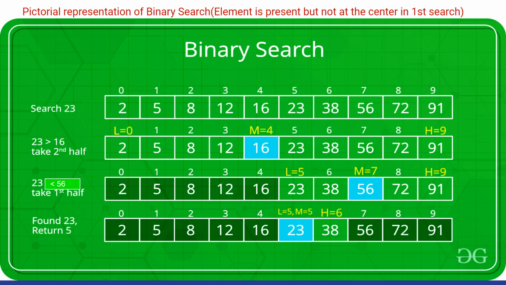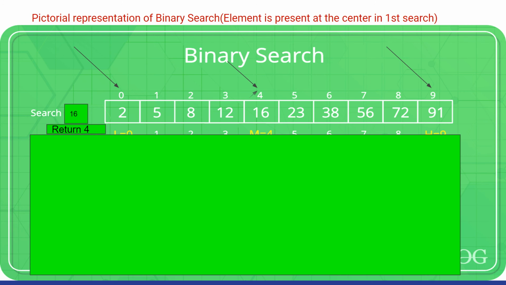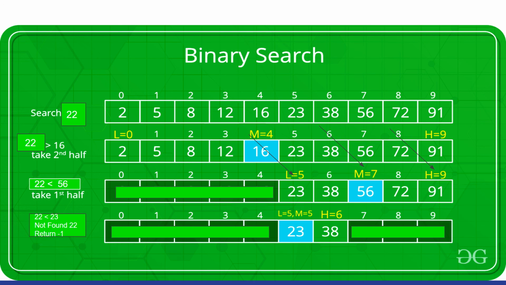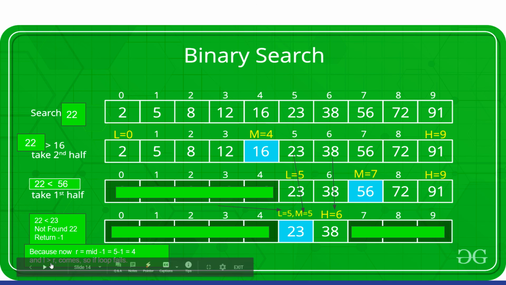That means the value 22 is not present in the array we have chosen. As I have written here, 22 and 23, not found 22, and return minus 1. Why? Because R is mid minus 1, so R comes out to be 4, and L greater than R comes, so the if loop fails. Fine. So that is how binary search works.